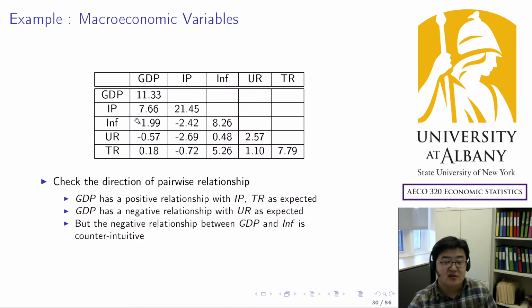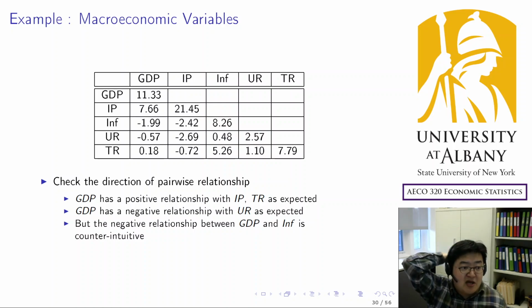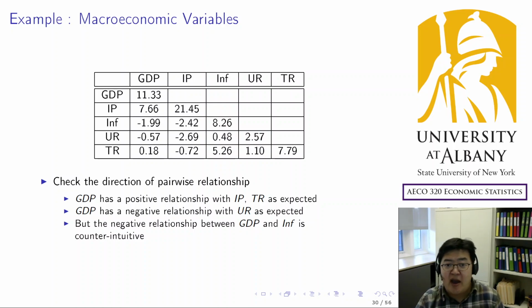Yes, it is a big puzzle. It was a big puzzle many years ago, many decades ago. At that time, so many macroeconomists tried to explain why they are negatively correlated. It's at least counterintuitive. So from there, many new theories have been developed to explain that negative correlation.